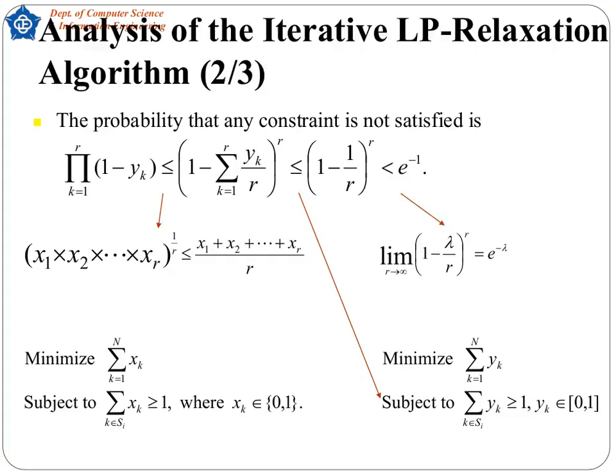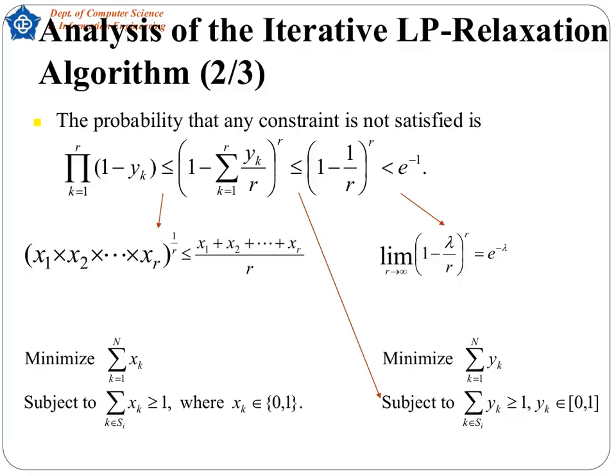Building on our previous probabilistic framework, let's now bound the chance that a single covering constraint remains unsatisfied after r independent rounding steps. We begin with the exact failure probability, the product over k equals 1 to r of 1 minus y. And by the AM-GM inequality, obtain that this is less than or equal to 1 minus the sum of y over r, to the power r.